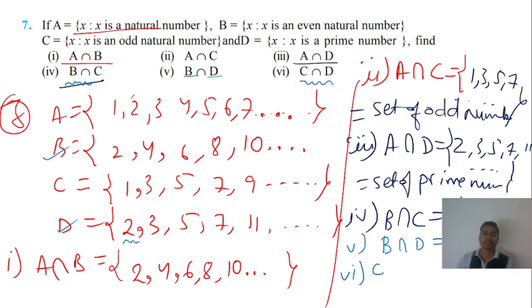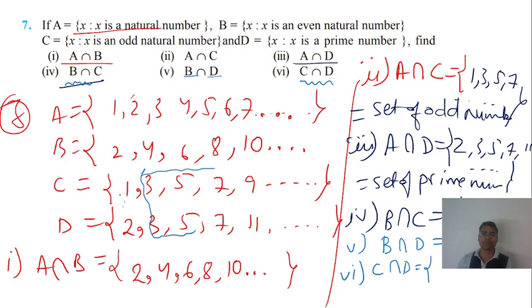So question number 6, C intersection D. C and D have a lot of numbers in common except, okay, so I will erase this. So what is C and D?